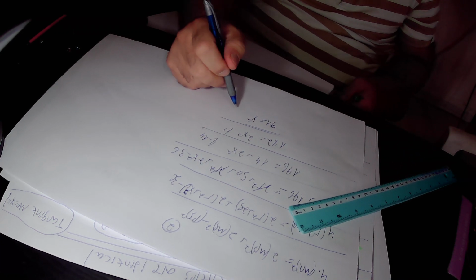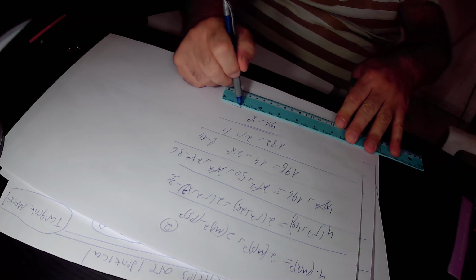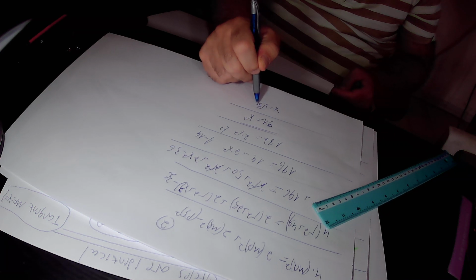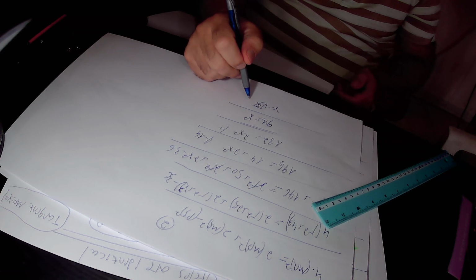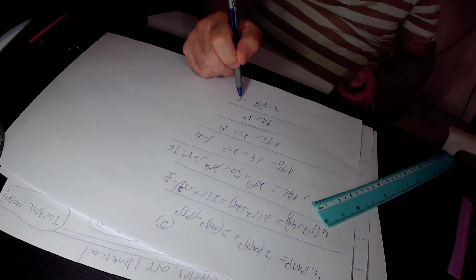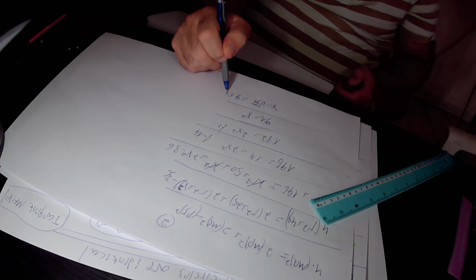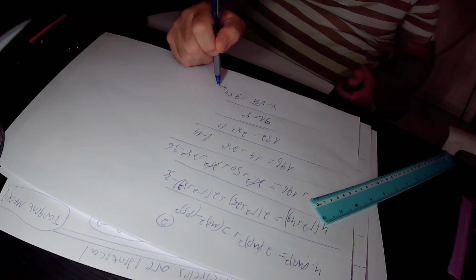Here we take a root of this equation, and finally we get that x equals the square root of 91, in terms of numbers it is equal to 9.54 units. So check.